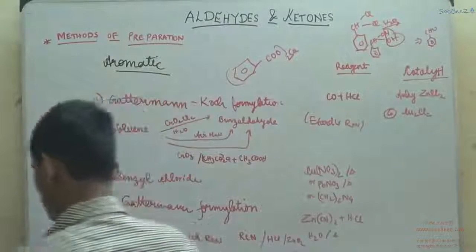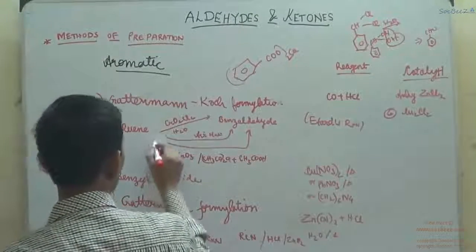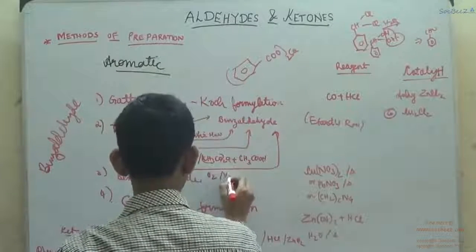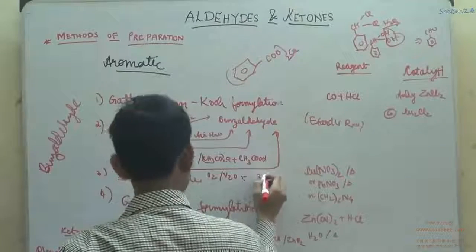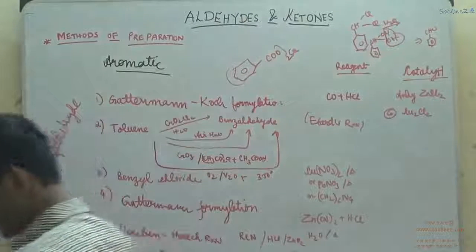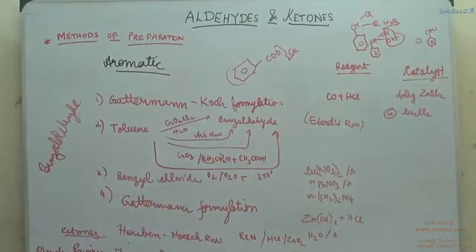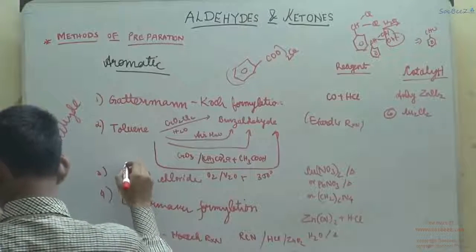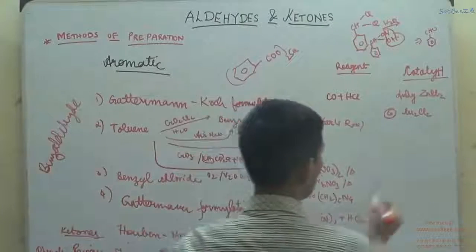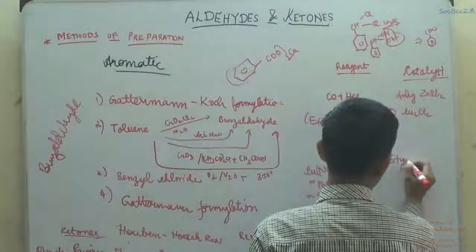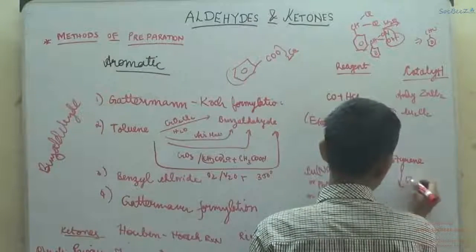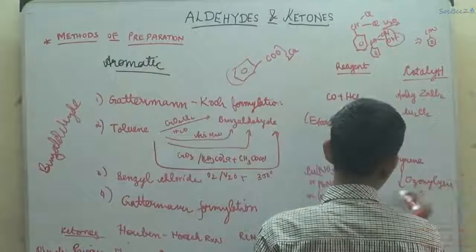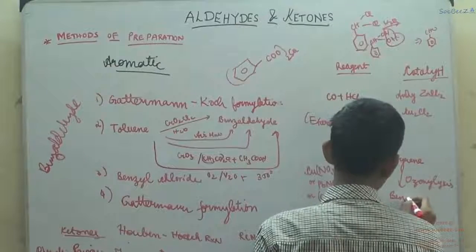Once more, here toluene, if you oxidize using V2O5 at 350 degrees Celsius, you will also get benzaldehyde. Or if you take styrene and do ozonolysis, you will get again benzaldehyde.